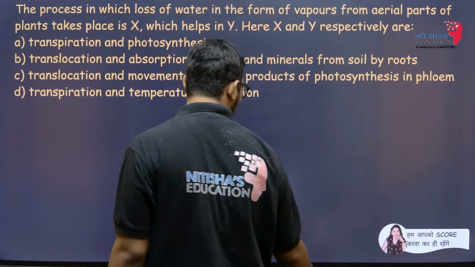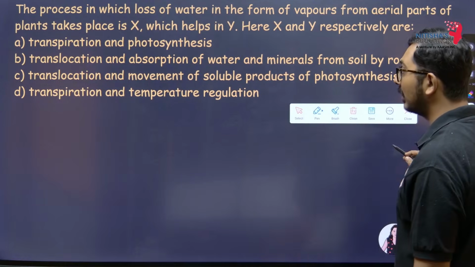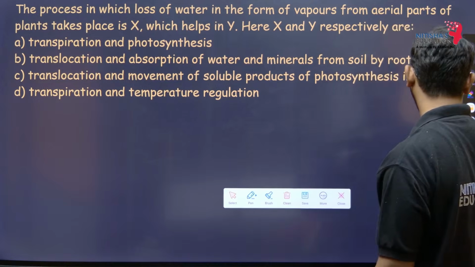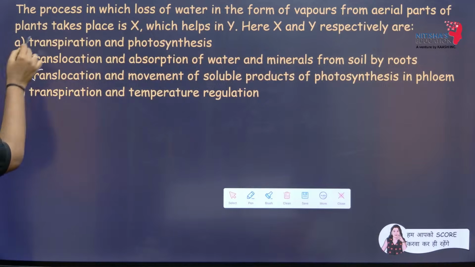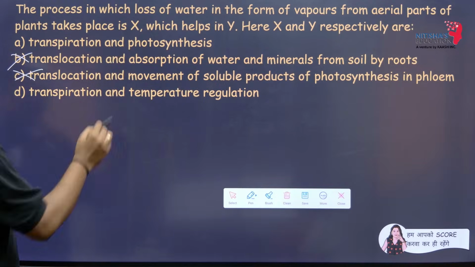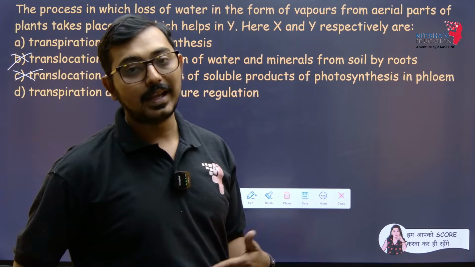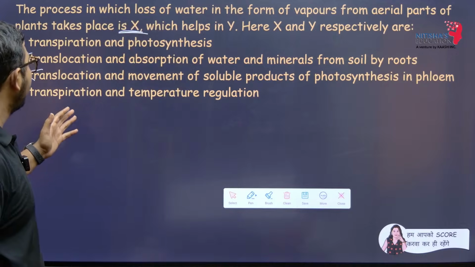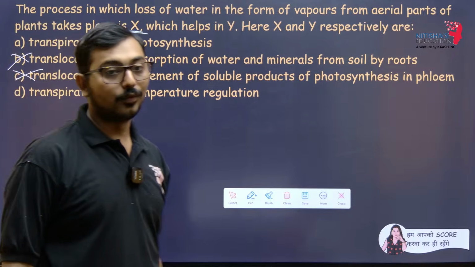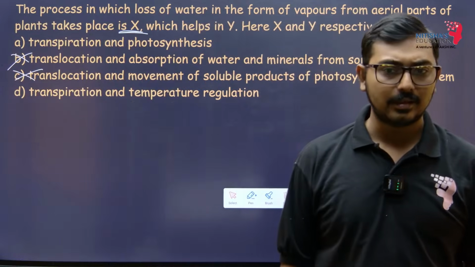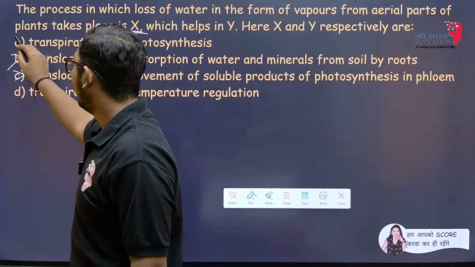So these two options are already discarded. Transpiration is X, which helps in Y. What will Y be? Either it is photosynthesis or temperature regulation. Loss of water does not help in photosynthesis, so that will also not be the answer.